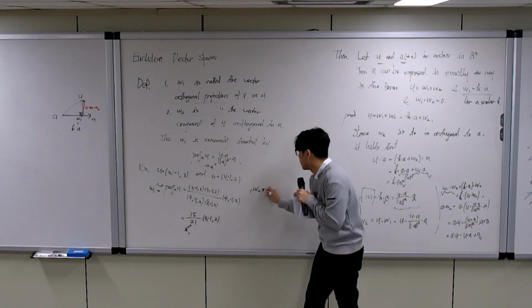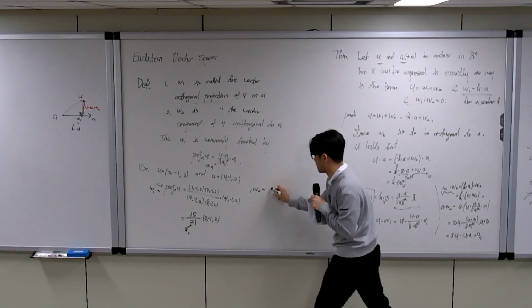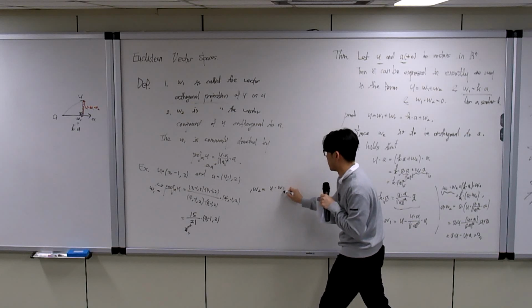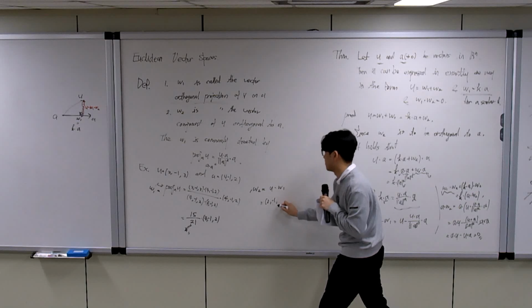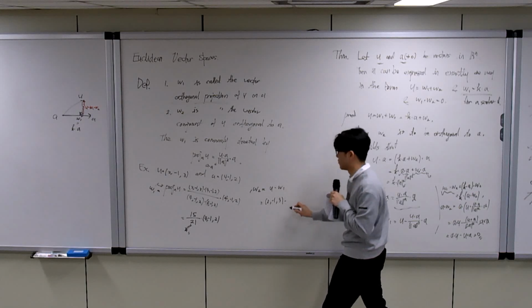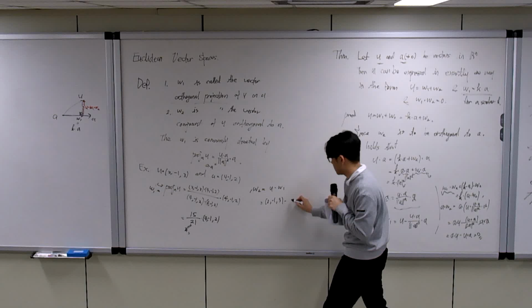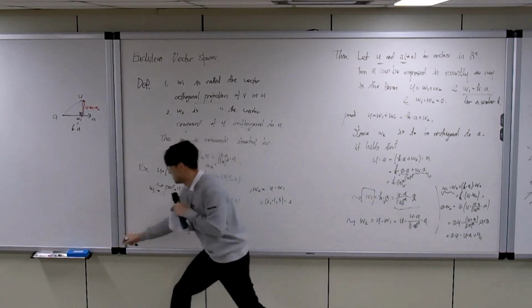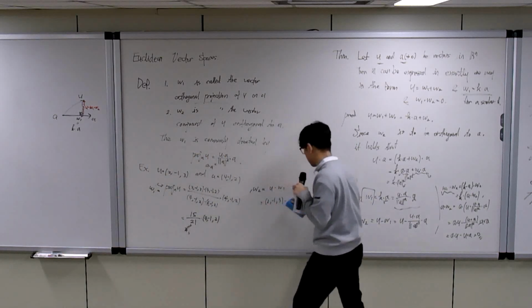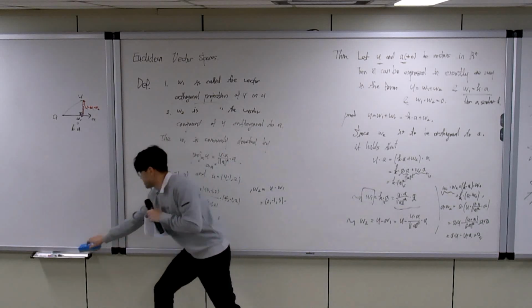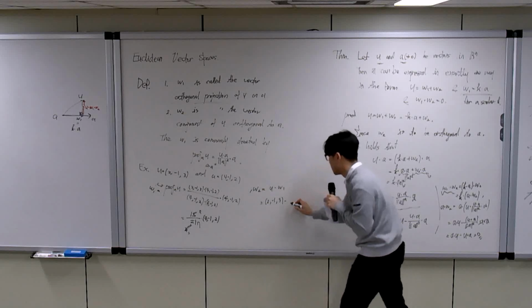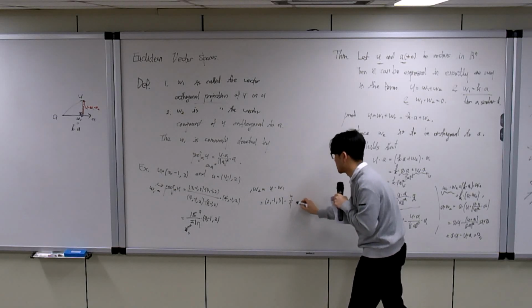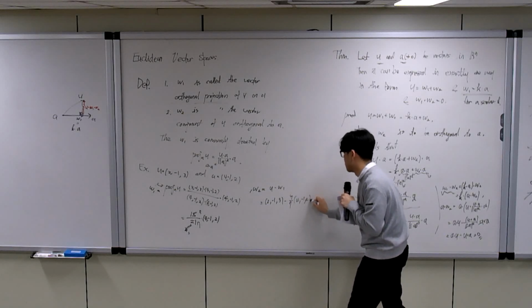The w2 vector will be u minus w1, and the u vector was (2, -1, 3), and the w1 vector is, I will use the reduced form, 5 over 7 times (4, -1, 2).